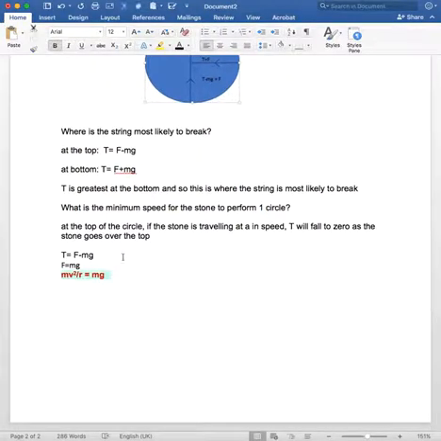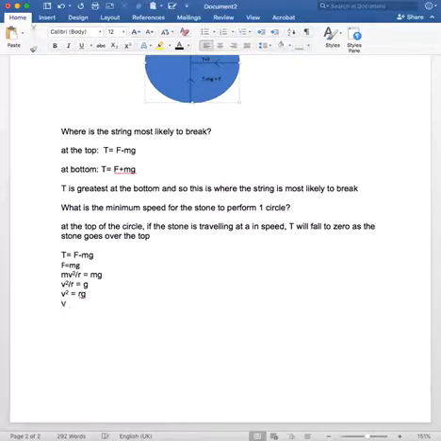So the m's will cancel, and we have v squared over r equals g. So we have v squared equals rg.